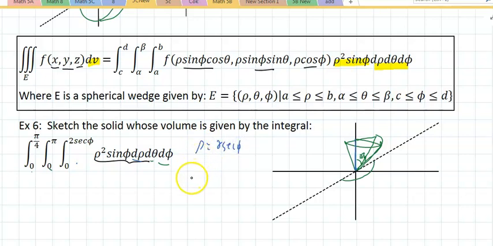If you multiply by rho both sides, oh, take that back. Rho equals twice the secant. I thought it was the sine. So rho equals 2 over the cosine of phi. Rho cosine of phi equals 2. That means z equals 2, which means you go up 1, 2, and let's say that's the 2 right there. So we're talking about that half of a cone.